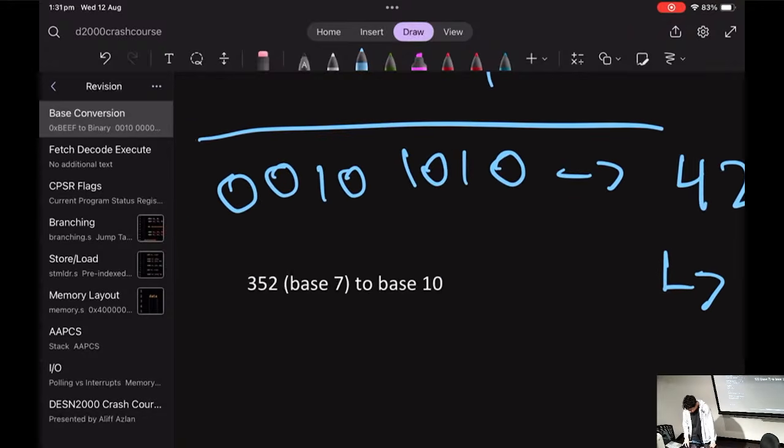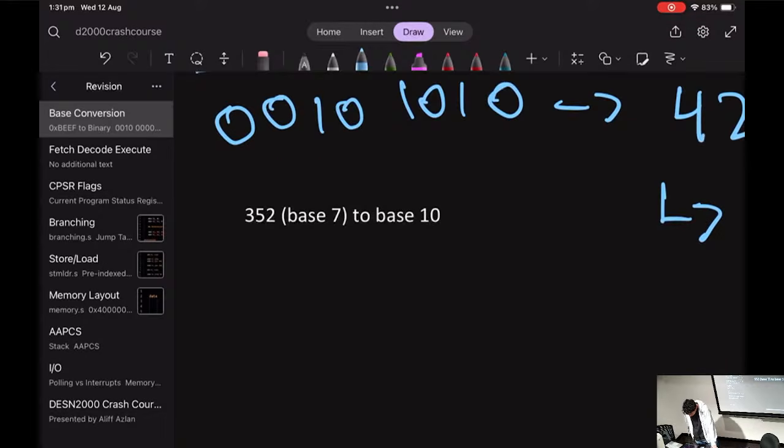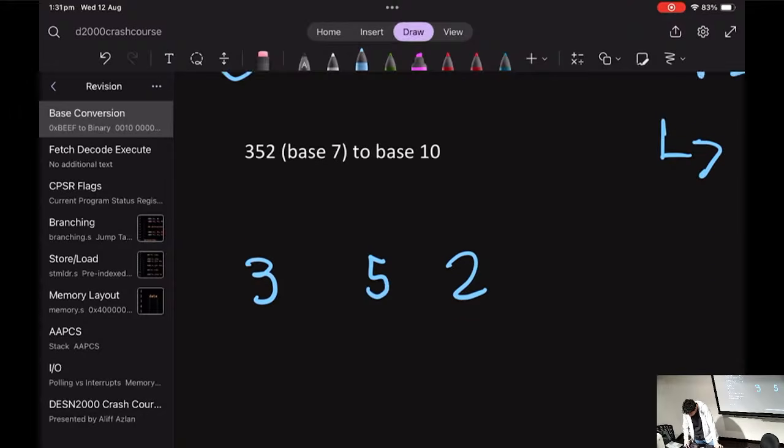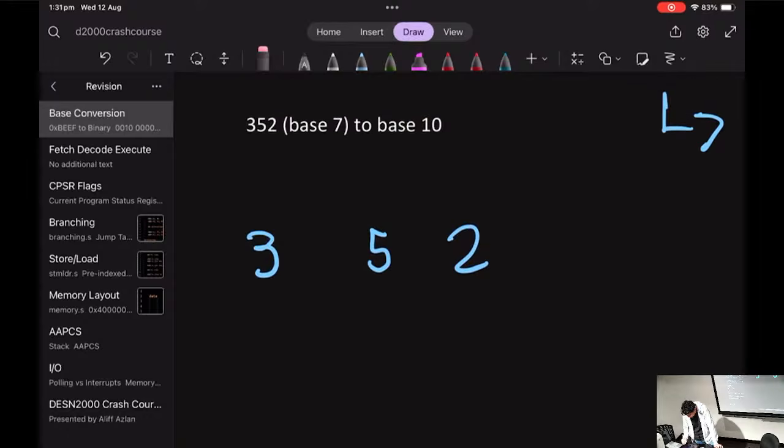With bases other than binary and hex, there's a neat little trick. If it's from another base to 10, it's simple. All we do is multiply each digit by the power of the base. Let's start from the right side. Each digit represents the nth power.